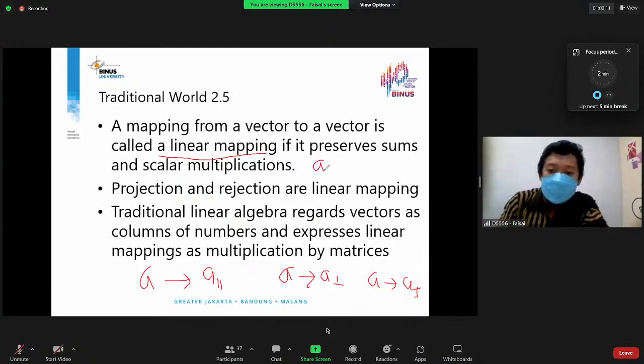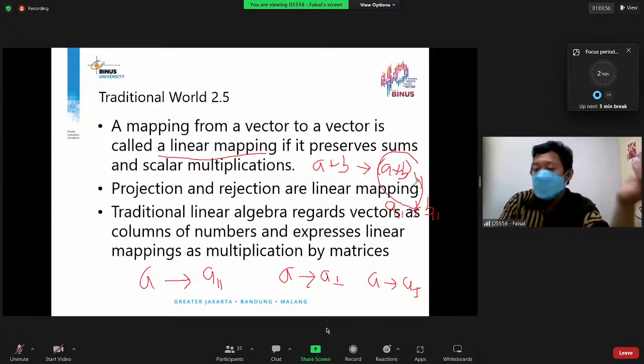So if we have two vectors a plus b and we project a plus b to the line or to the plane, this will equal the projection of A plus the projection of B. This is the meaning of preserving sums: we sum first and then map the result, which is the same as if we project each vector and then sum the mappings.